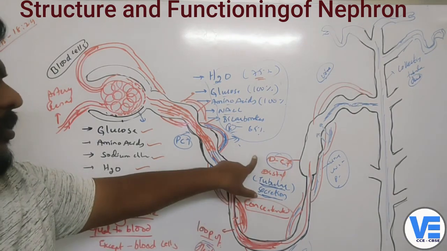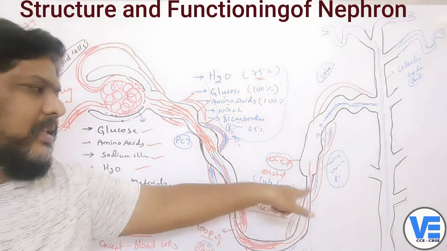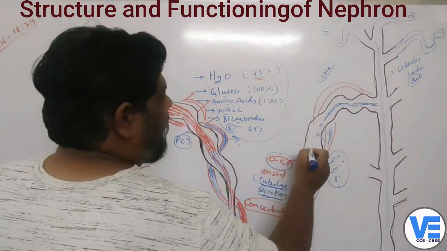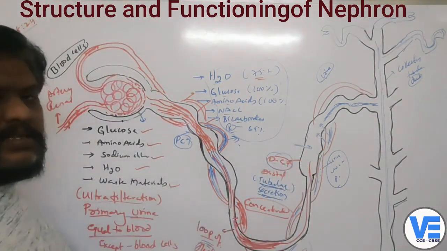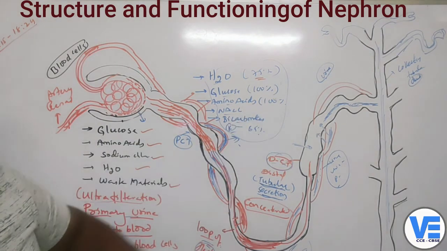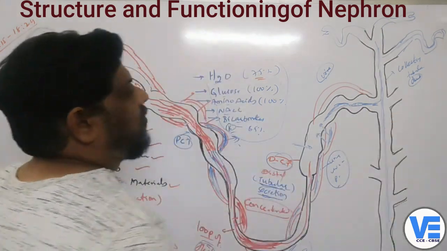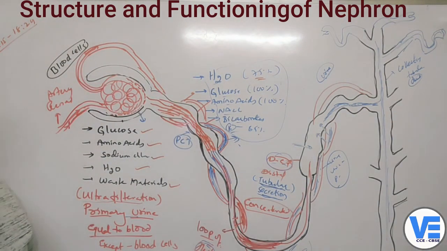In the DCT, the waste products in the blood vessels, like urea, uric acid, creatinine and whatnot, will enter. Then the urine is sent to the collecting duct, and from the collecting duct it is released outside.